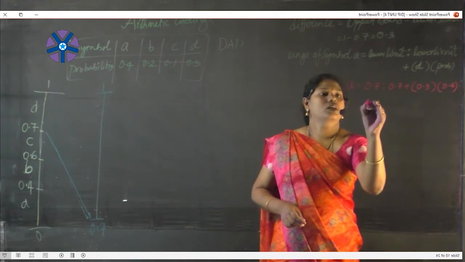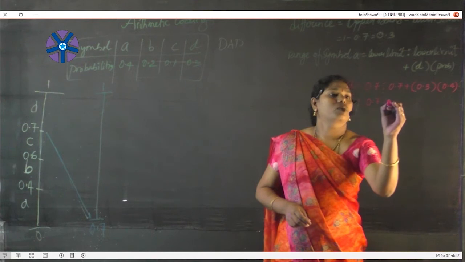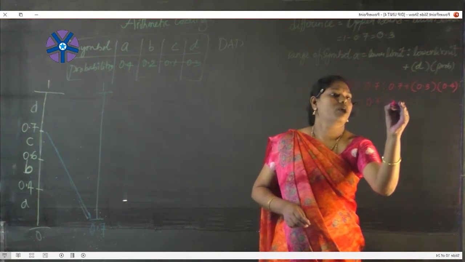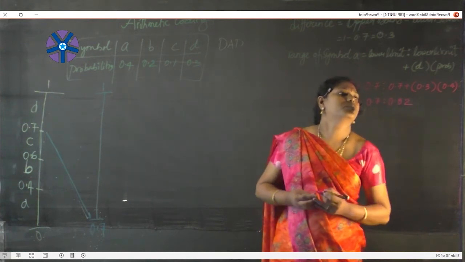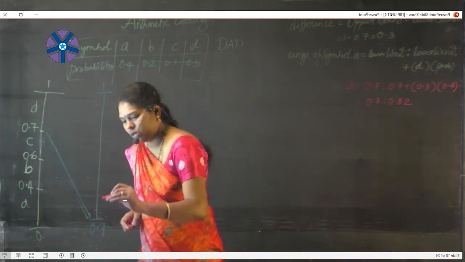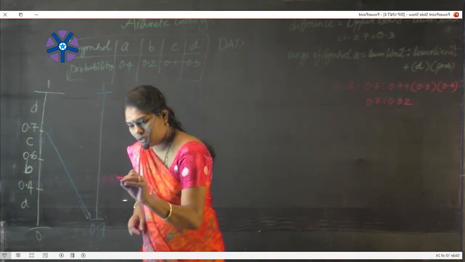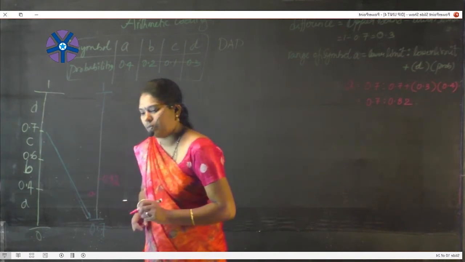So 0.3 into 0.4 is 0.12, giving 0.82. So from 0.7 to 0.82, the symbol is A.